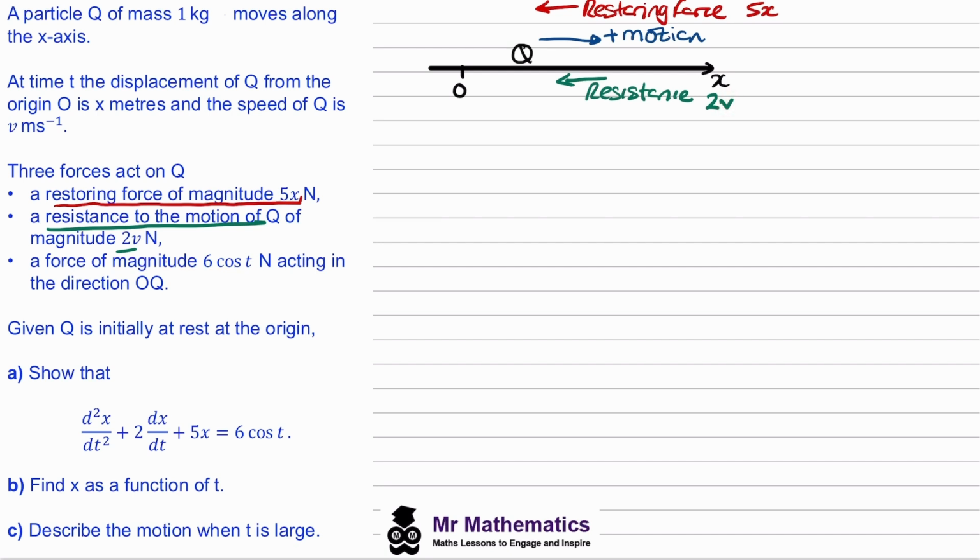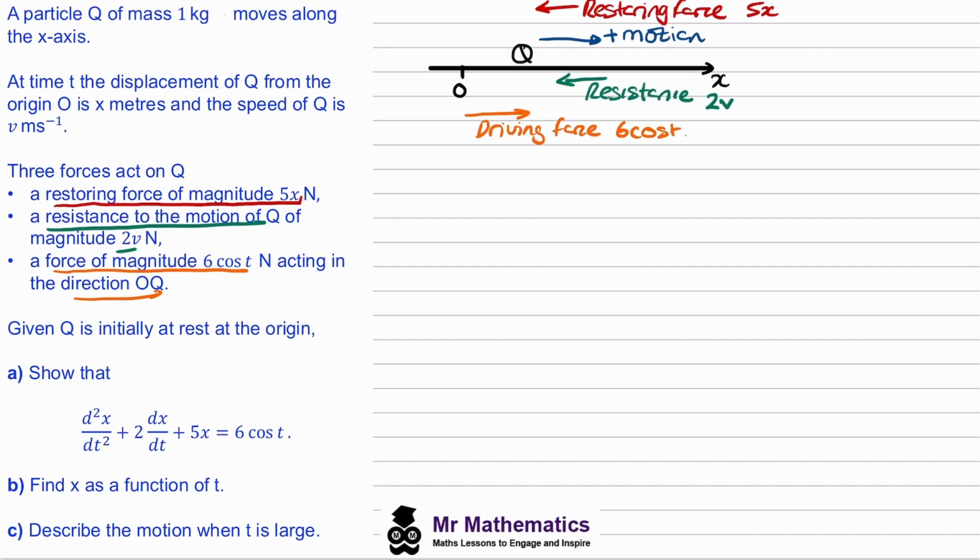And then we're also told there's a force of magnitude 6 cos t acting in the direction O to Q. And O to Q is acting towards the right. This will be the driving force of magnitude 6 cos t. So we know that Q is moving in this direction, so there must be a net force.